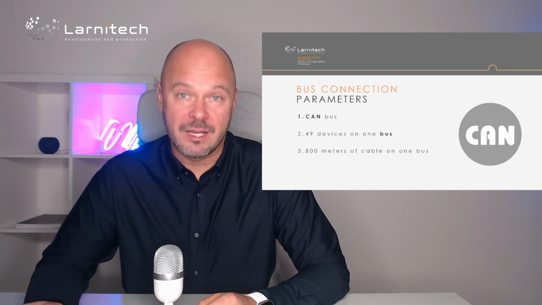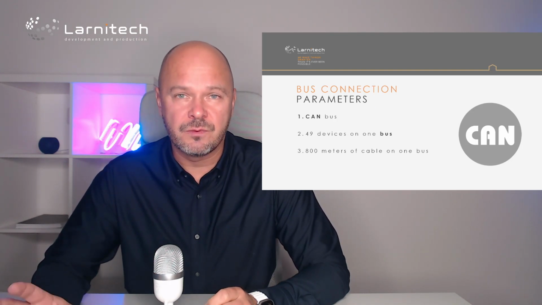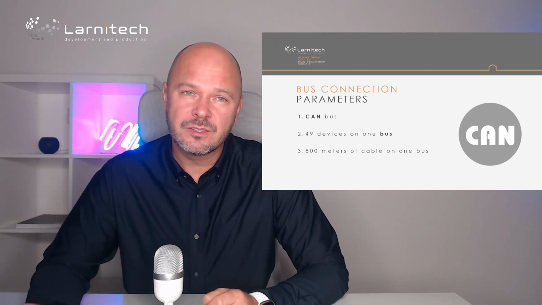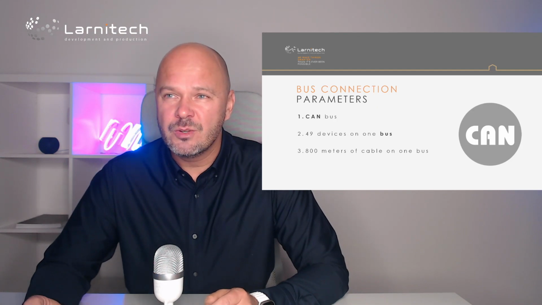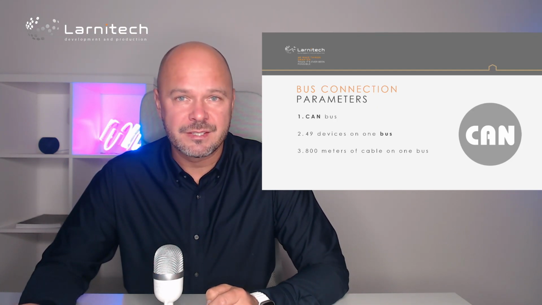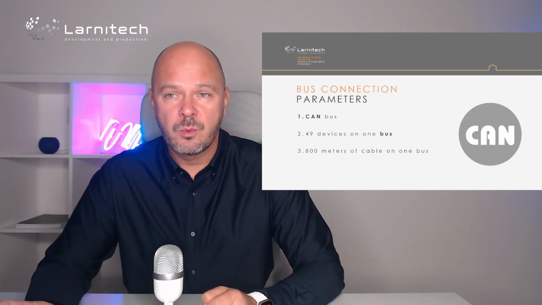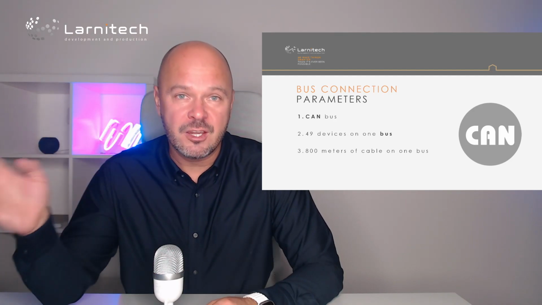We use CAN bus. CAN bus is not widely used for home automation. Different manufacturers thought until some time that it is a little bit too expensive to use CAN bus for home automation. It is, though, very widely used in car industry. It is very widely used in aviation industry.